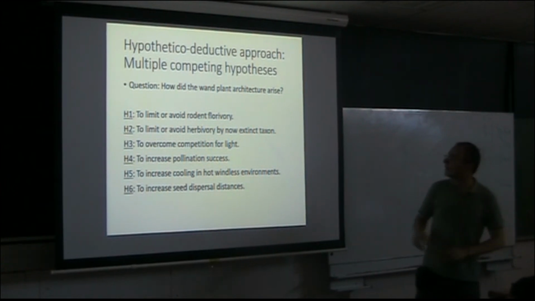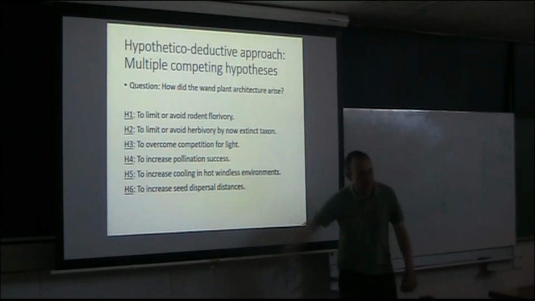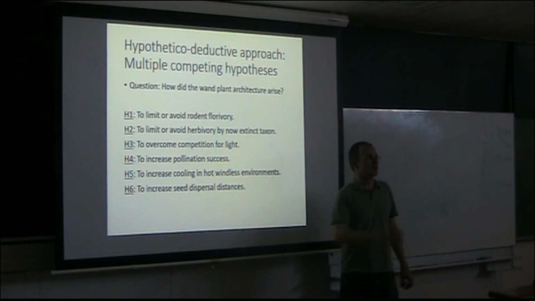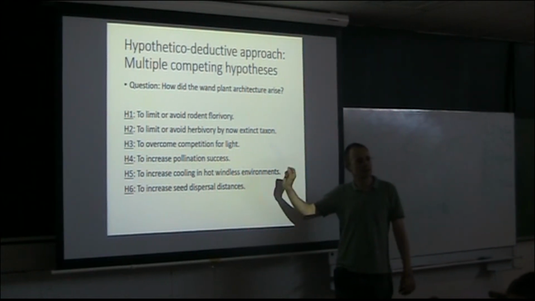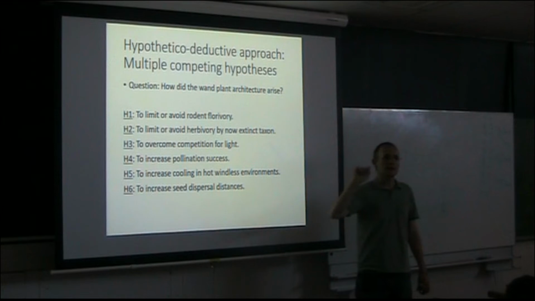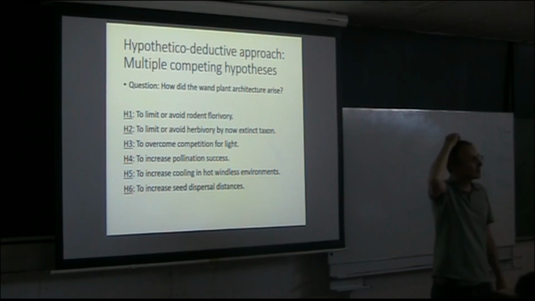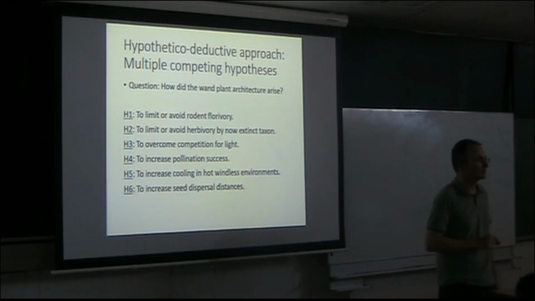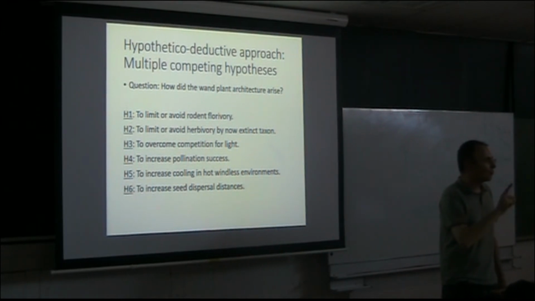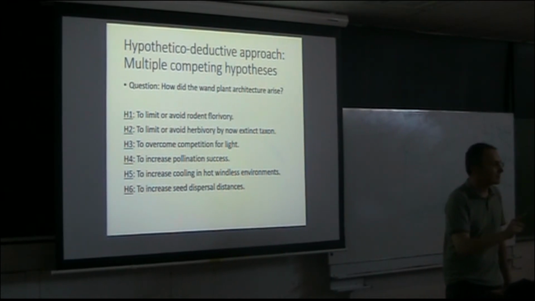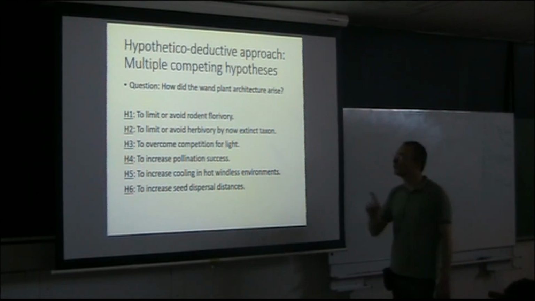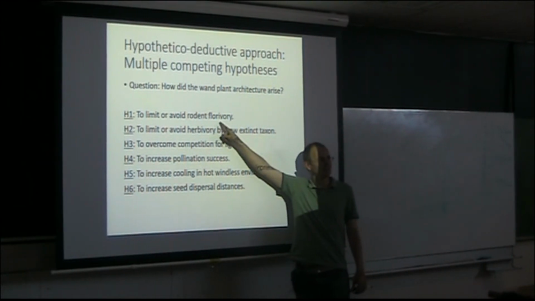And then you come up with your list of hypotheses. That list can help you generate tests that will differentiate between those hypotheses. My problem when I went into this study was that I was really convinced it was this.